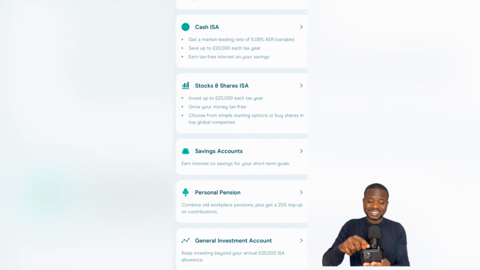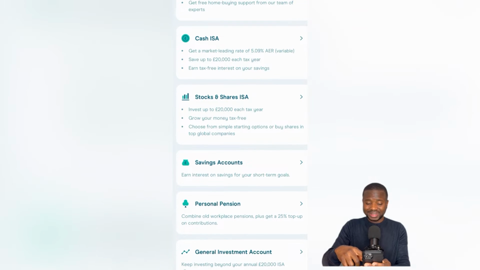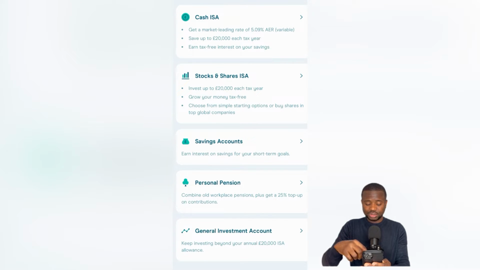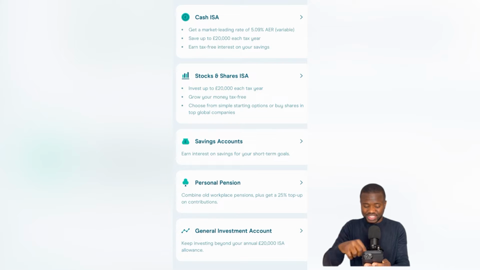But if it's in a cash ISA, which is also a savings account really, then you don't have to pay taxes on the interest. Likewise, the general investment account is just like the stocks and shares ISA. However, any interest beyond a certain amount that you earn through the general investment account, you would have to pay tax on.